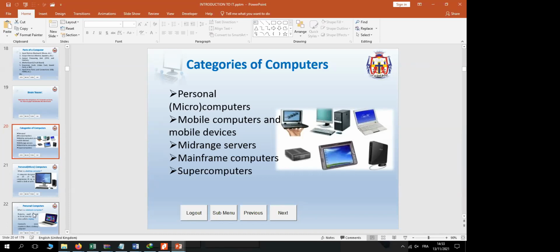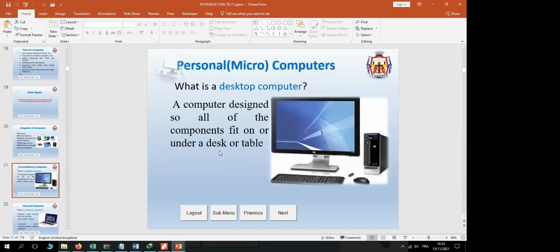Okay, so, etc. All these are, for example, we have got laptops, we have got smartphones, we have got desktops. Most of the terms come from the English meaning. For example, a desktop is a computer designed to be used on the desk or table, just like you can see what's on the screen right now.